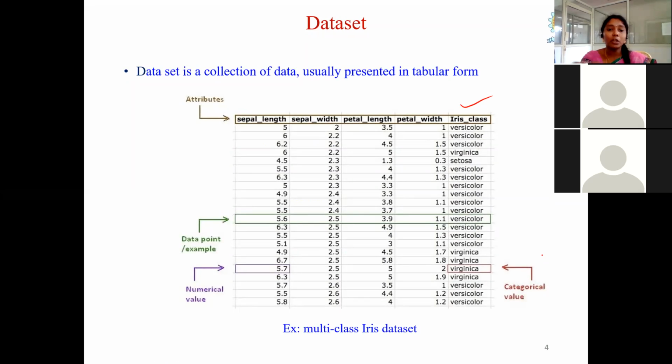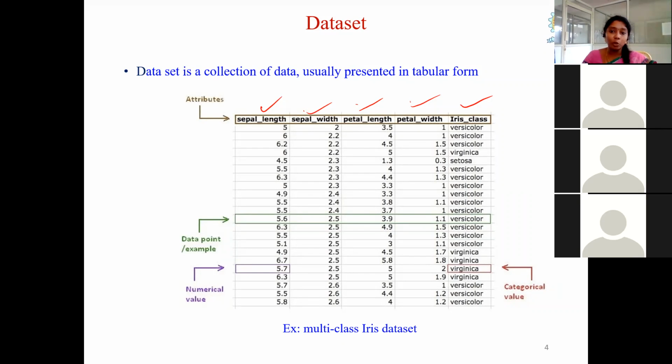So here is the data set. We already know that the columns of a table are represented as attributes, whereas the rows of a table are treated as an observation, data point or example. And this is called the multi-class iris data set. What is meant by multi-class here? It means more than two classes.